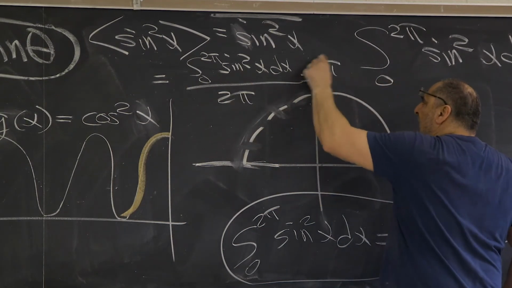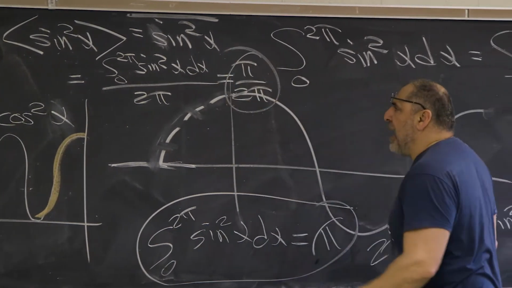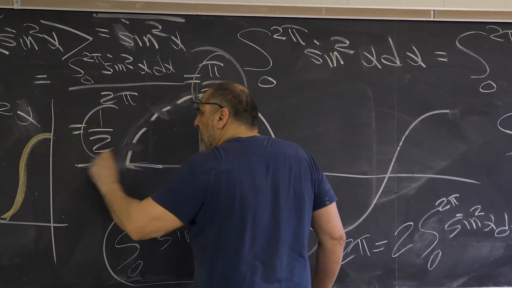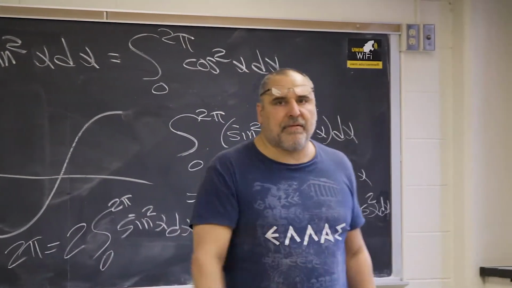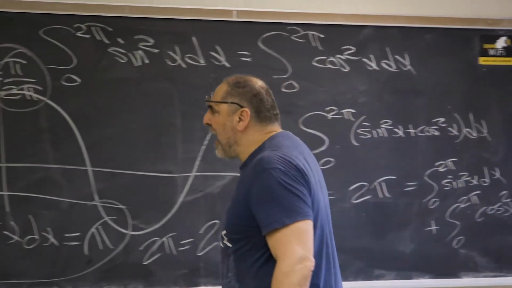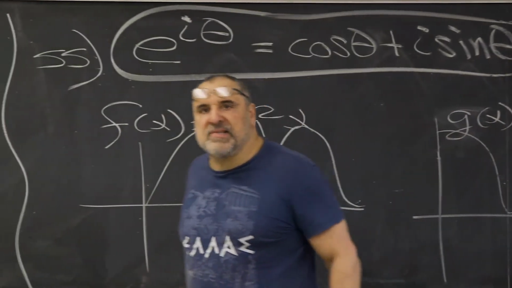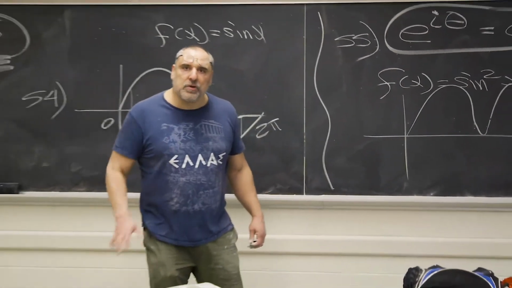We just said this is pi. This is 2 pi. It's pi over 2 pi. At the end of that song and dance, the average value of the square is a half. The average value of that function over one complete cycle, in fact any cycle, holds for any cycle.